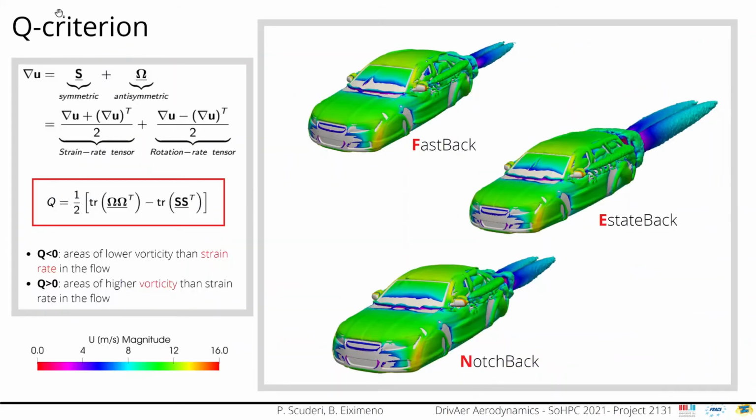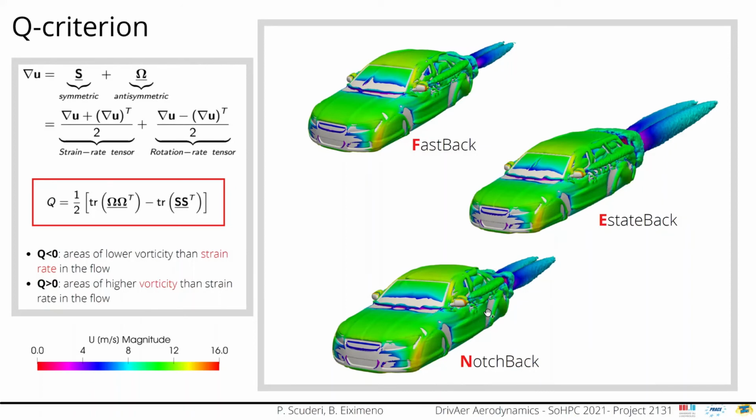An advanced post-processing is the computation of the Q-criterion. Splitting the gradient of the velocity field in two matrices, one symmetric and one antisymmetric, we can compute the scalar Q value as written in the left part of this slide. When it is positive, we are considering areas of higher vorticity rate. The pictures show the isosurfaces for Q equal 10.